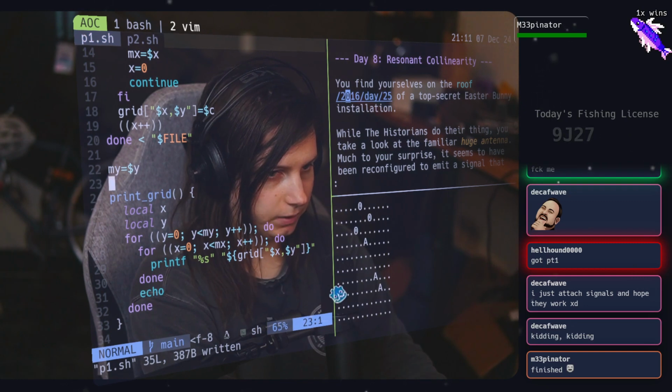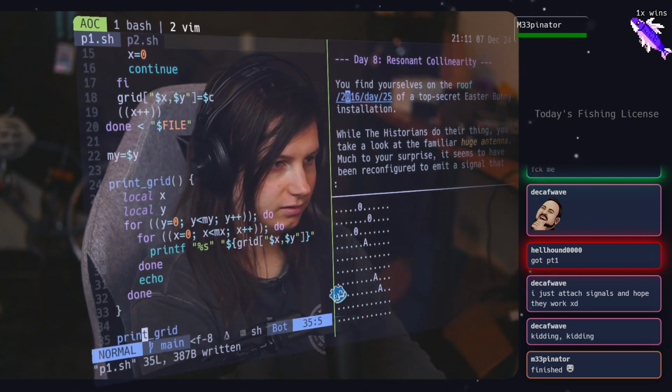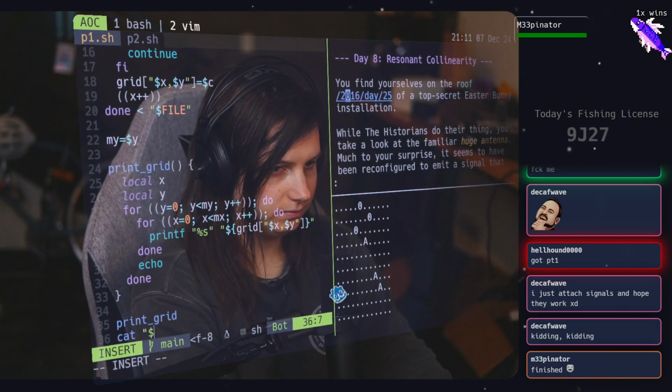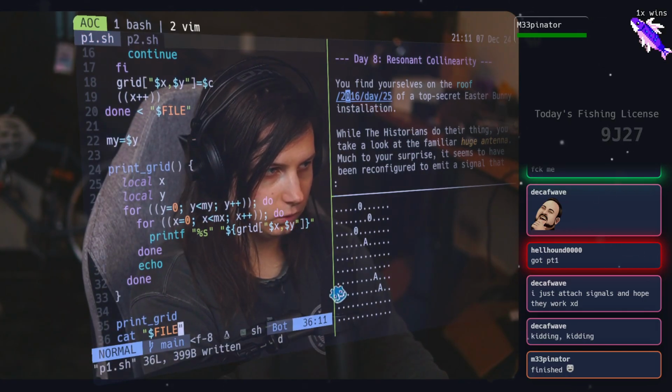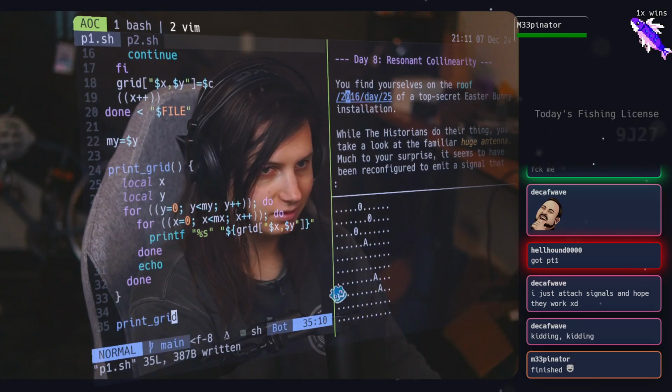I'm stupid. There we go. Found it. Okay. We've loaded the grid. We can print the grid. These are good things.